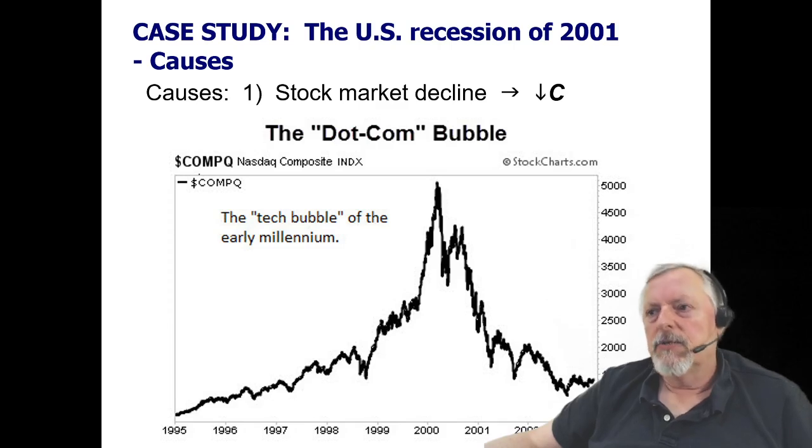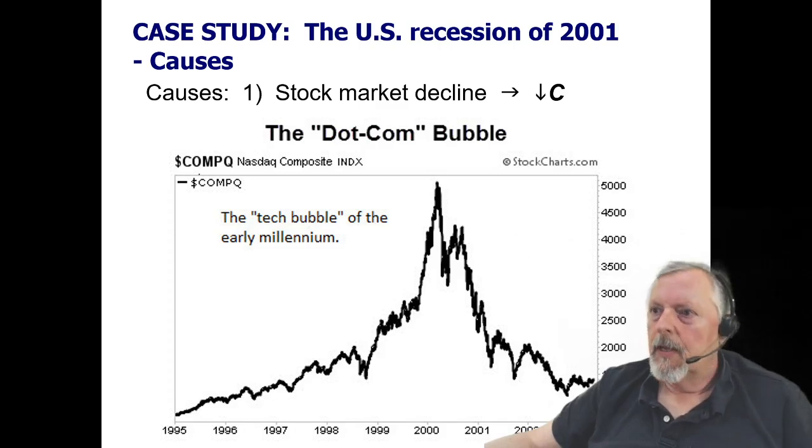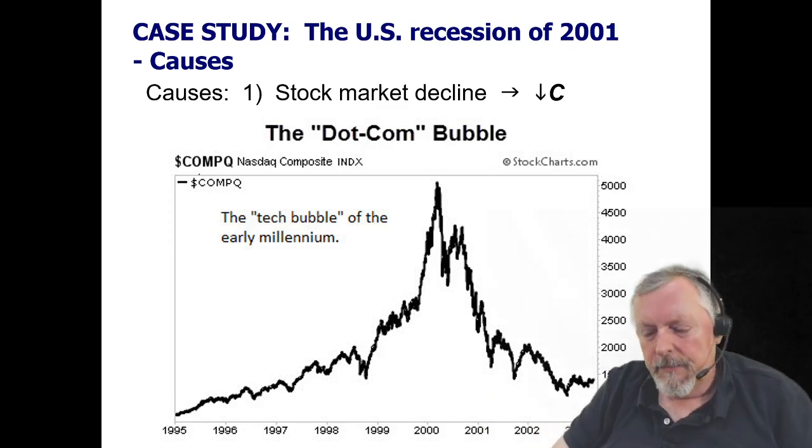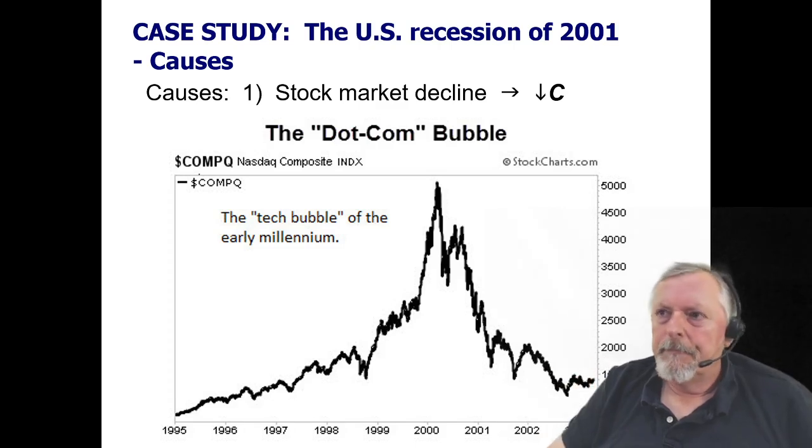But by the late 90s, people started to figure out what the internet was good for and what it was not good for. And people started to figure out that most of these dot-coms that were created were all hype and that they really were not going to work out. An example that I use in principles class, and this is just made up, is that early on someone might have started shoelaces.com.